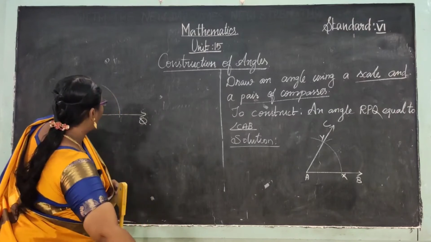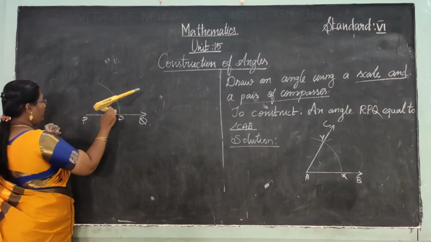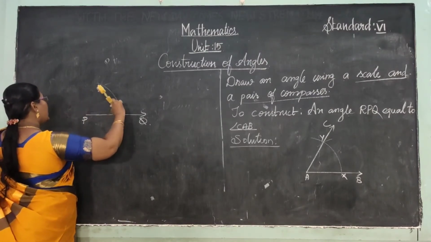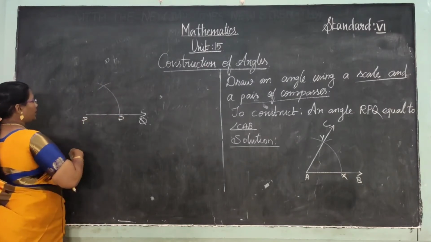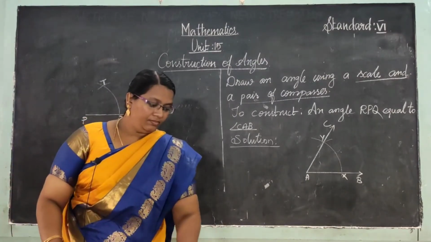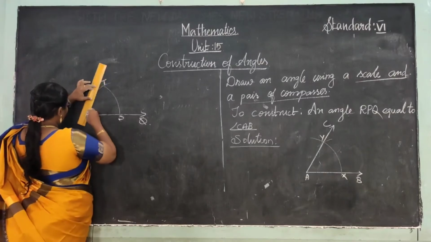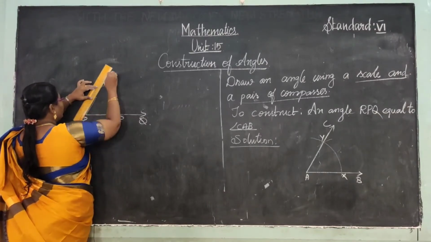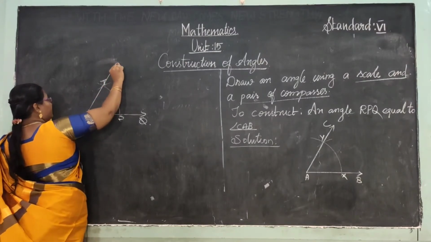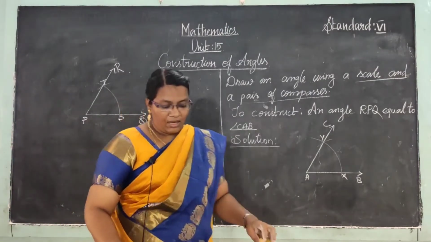The arc intersecting the ray is denoted by S. Keeping S as the center, with the same measurement, draw another arc. It is denoted by T. Now join P to T, giving PR. Now measure these two angles.